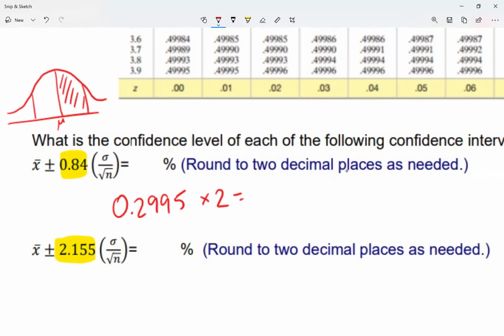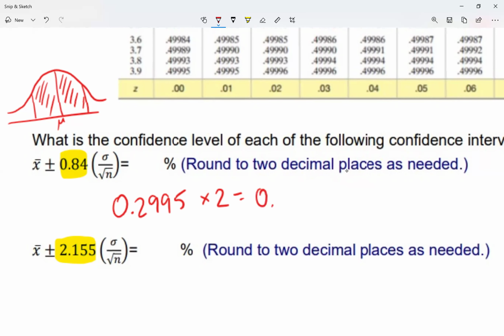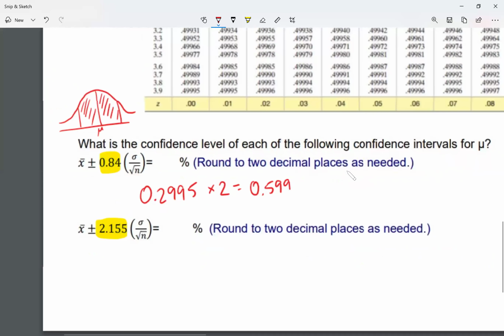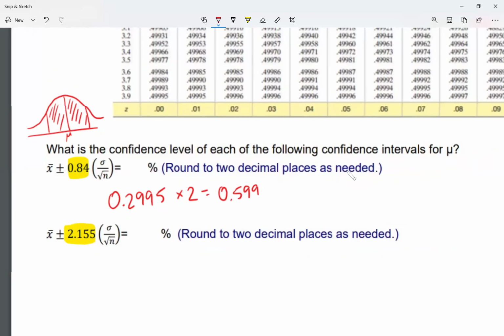However, we have the same area on the other side. So that's why I'm going to multiply this by 2. 0.2995 times 2. According to my calculator, I get 0.599.